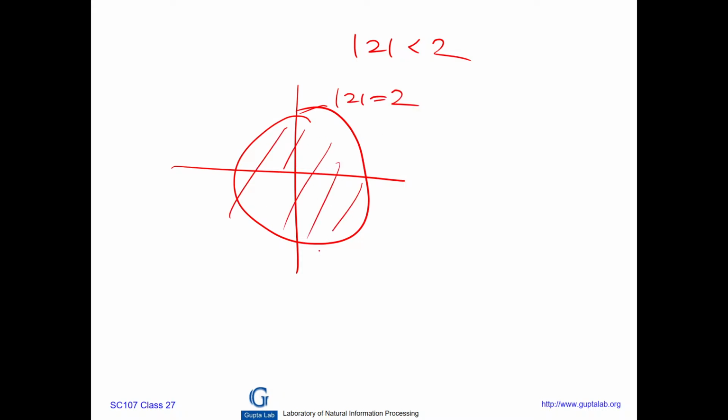All this region is mod z less than 2, a circular disk of radius 2. This region is known as simply connected. What do we mean by simply connected? If I take an arbitrary curve inside this region and shrink it to a single point, it should not leave the region.